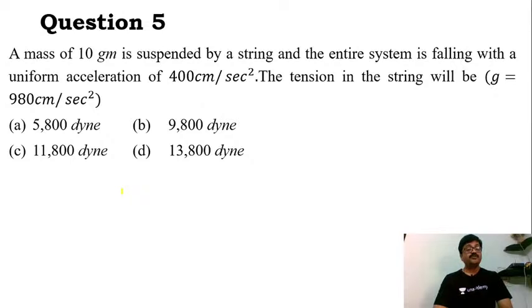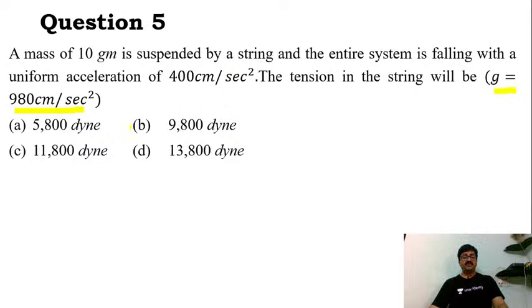A mass of 10 gram is suspended by a string and the entire system is falling with a uniform acceleration of 400 centimeter per second square. The tension in the string will be, and they've asked us to take acceleration due to gravity as 980 centimeter per second square.